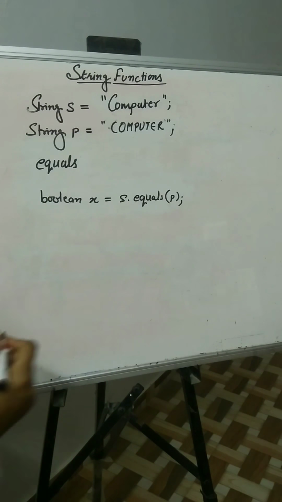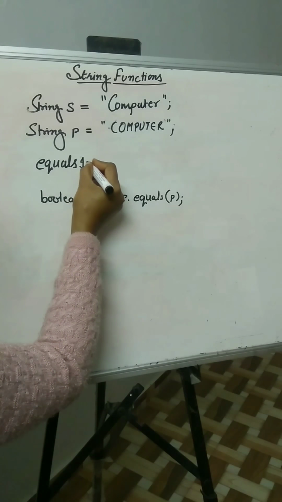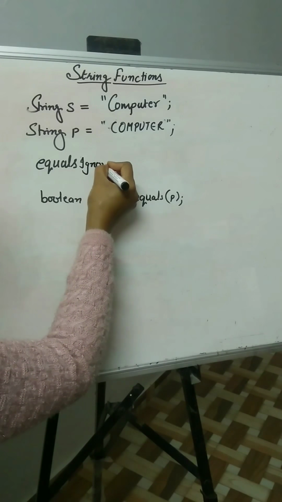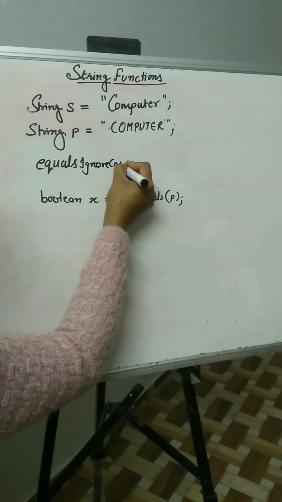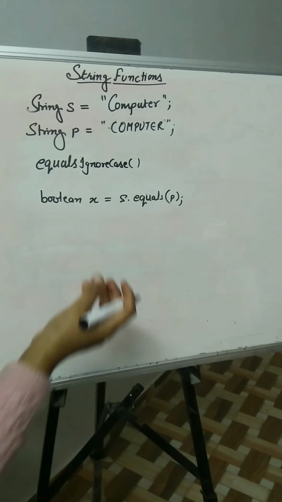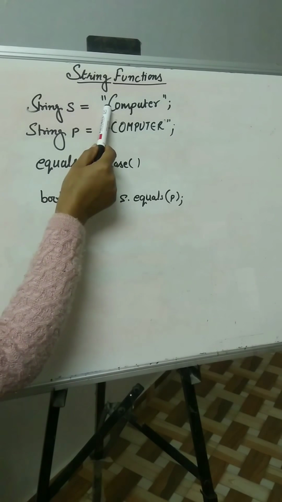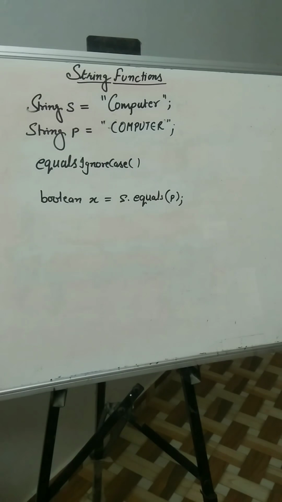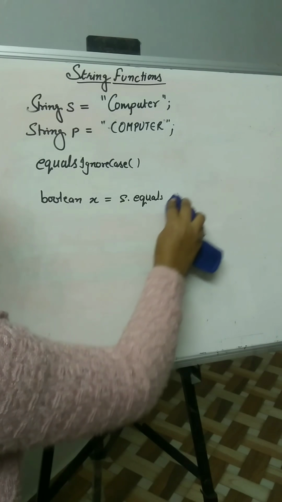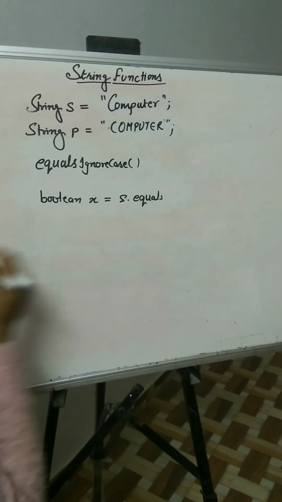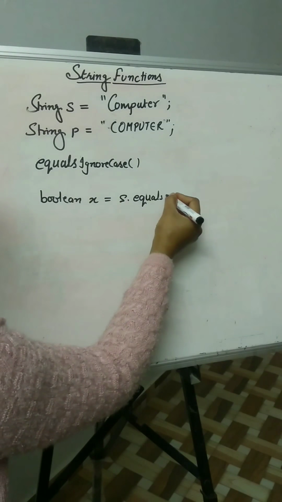Here is one more function, equals ignore case. It's clear by the name. Ignore case means it ignores the cases, then compares the strings.